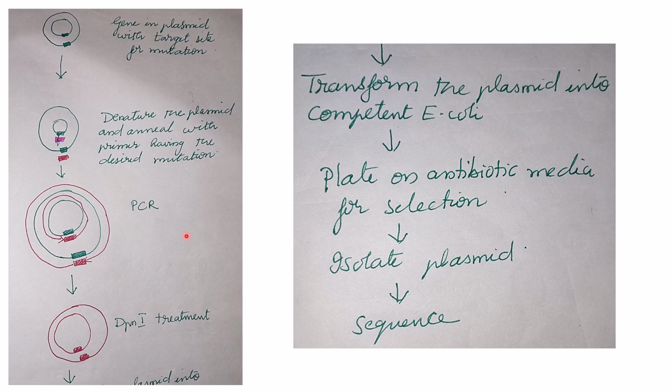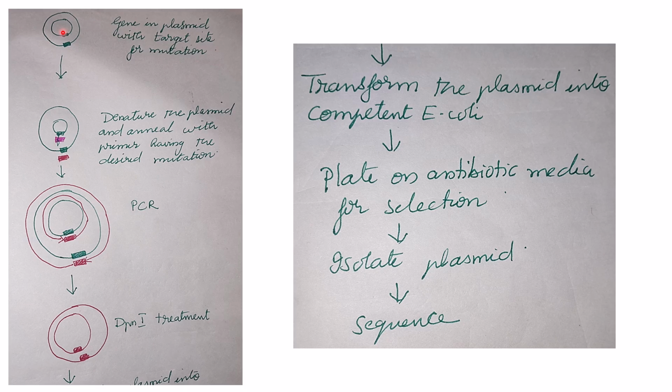Now after completion of the PCR, you have to remove the template plasmid DNA, or the original plasmid DNA. You need only the one which has your point mutation. Now this template plasmid DNA, how did you get it? You got it isolated from an E. coli.